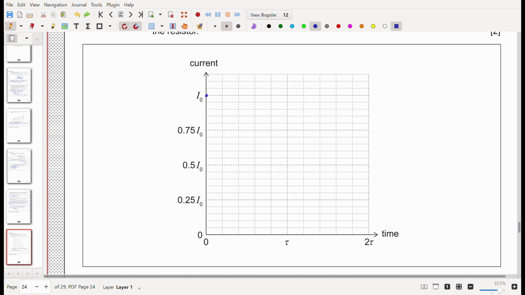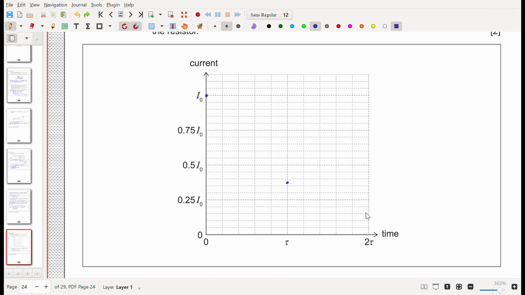If you guys remember, the time constant is the time at which 37.5, I believe, percent of your capacitor has discharged. Now this might be a little bit more or a little bit less. So an easy way to check this is simply by going into your calculator.